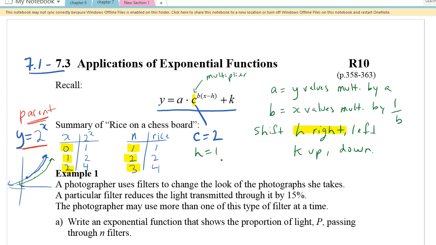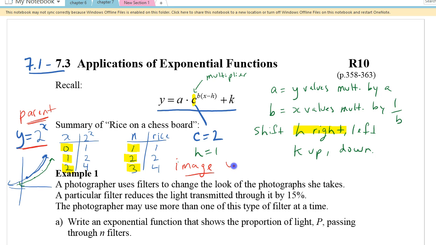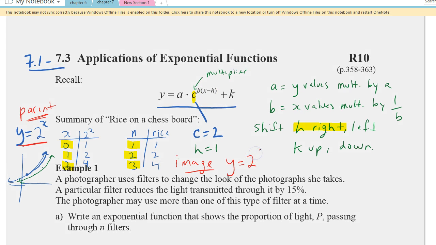So instead of y is equal to 2 to the x, the image, the new graph, I'll try to do this in red, I'm running out of room, would be y is equal to 2 to the power of x, with h in the exponent. Having some technical difficulties, I'll be right back.